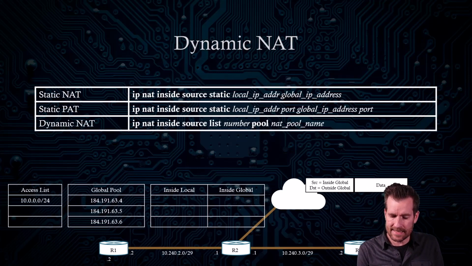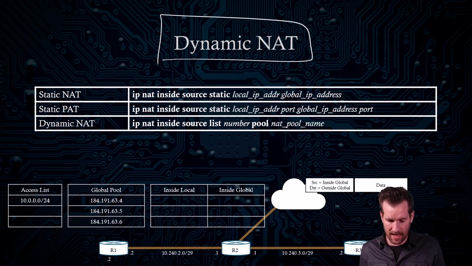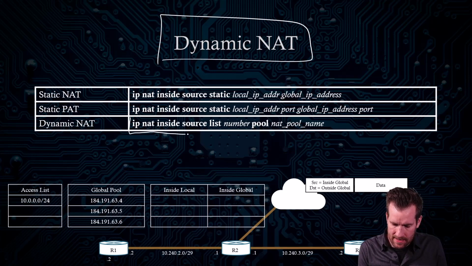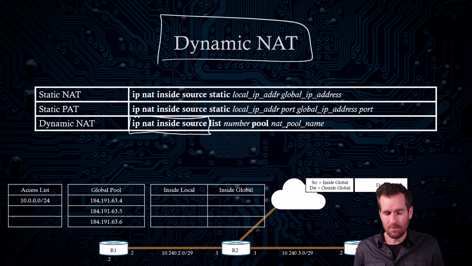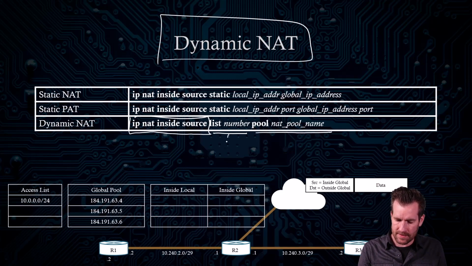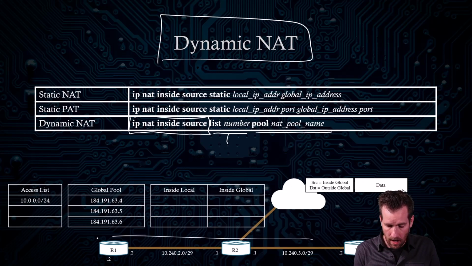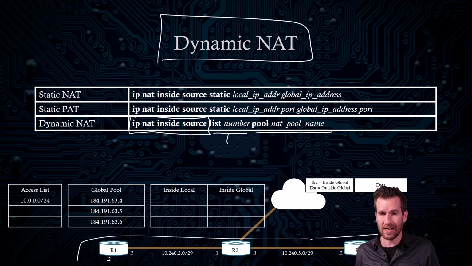When it comes to dynamic NAT, we're going to see a little different commands here. We still see IP NAT inside source, but instead we specify a list and a pool. The list is going to be representative of our local addresses, all of the addresses that are on the inside that we want translated.